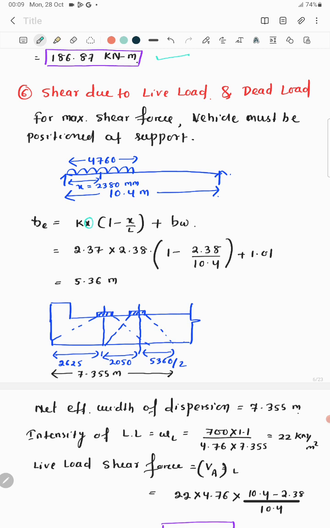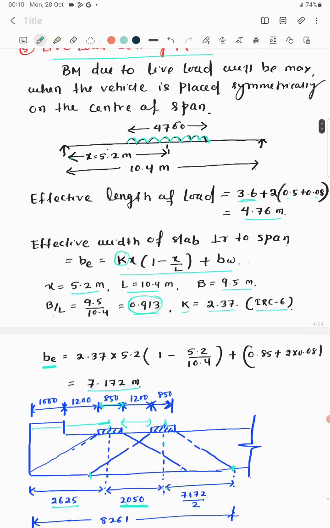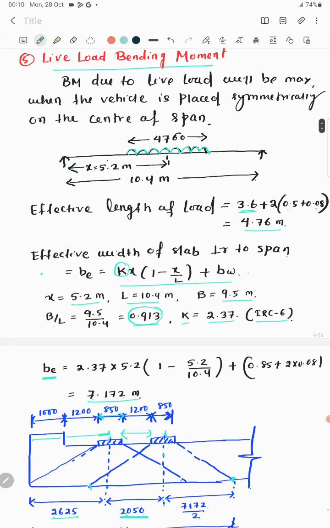It will be from the center of the vehicle to the support, which is equal to 4.76 by 2, that is 2.38, and all other values like k, bw, x, l, everything will be constant, as we have already calculated this effective width perpendicular to the span here.